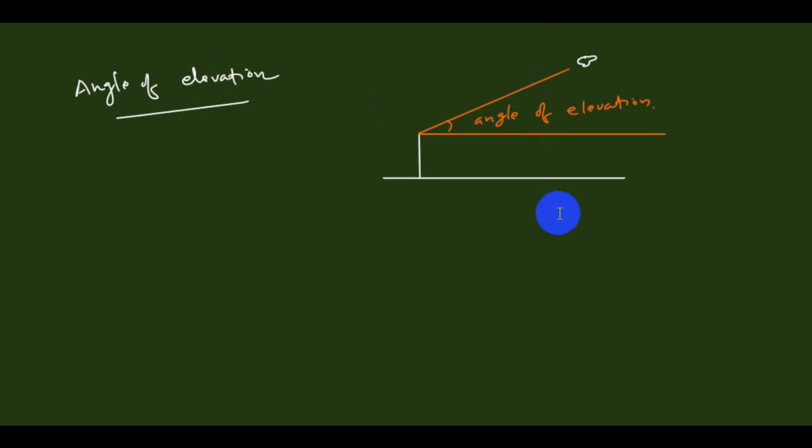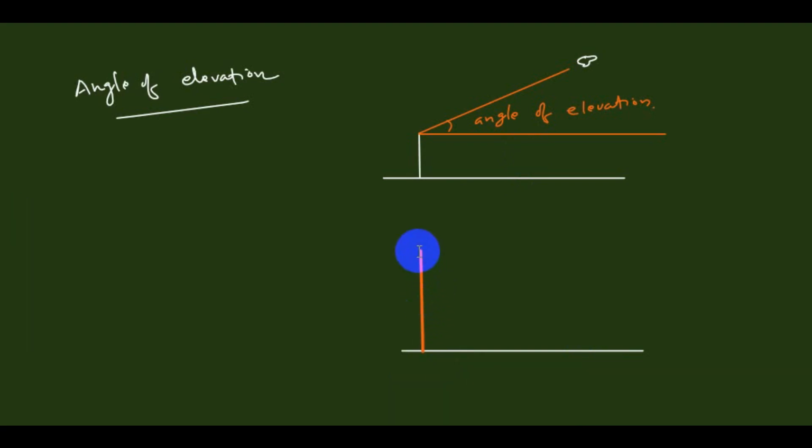Now let us discuss what is angle of depression. In order to show you the angle of depression, here again I am considering the level surface. Consider this one is the level surface of the earth. If something is there here such as a building or the top of a tower or a hill, it is mentioned like that.